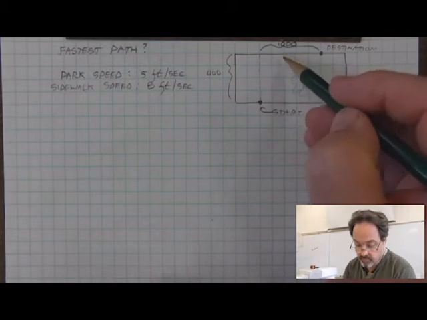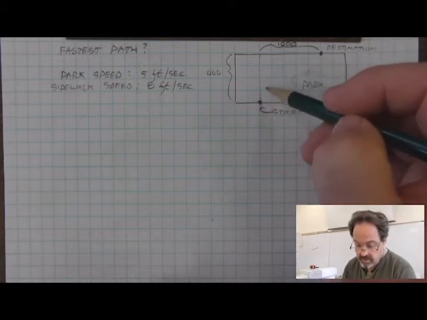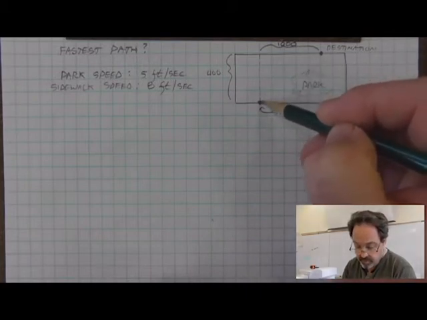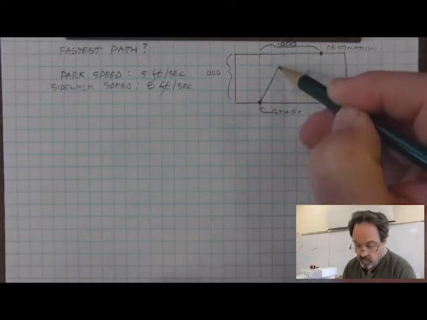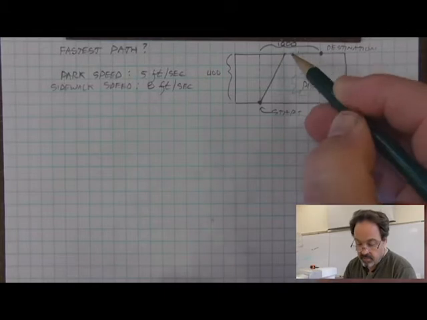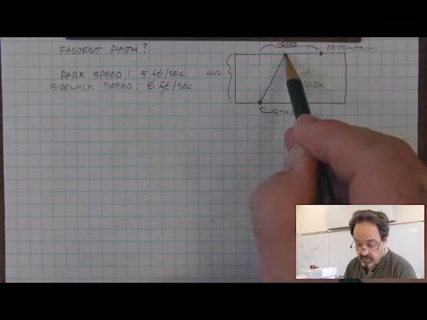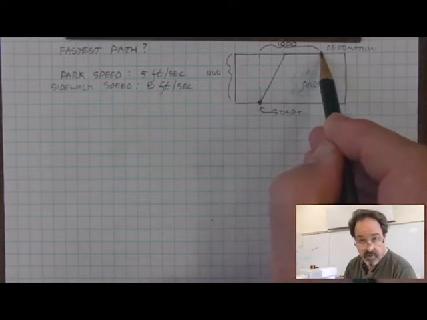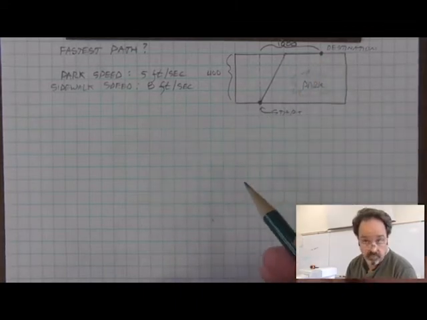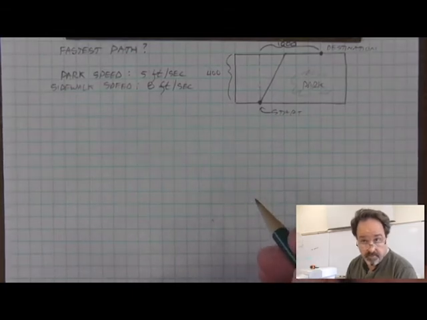We're going to assume that the fastest path is going to be a combination of walking across the park, but getting to the sidewalk at the ideal location so that we can finish off our walk at the faster rate and get to our destination in overall the least amount of time.